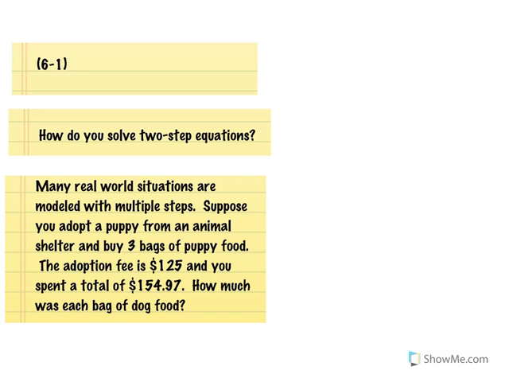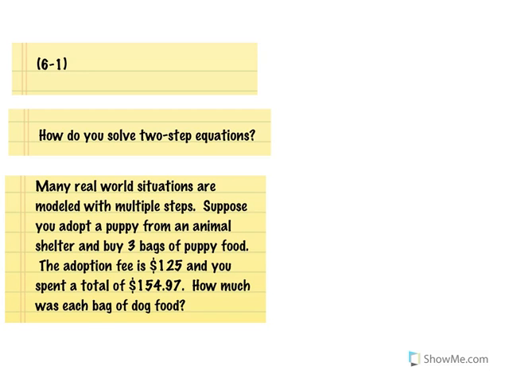You can remember the adoption fee was $125, and you know you spent a total of $154.97, but you can't remember how much each bag of dog food was. You can make that an equation, solve for that missing information, and that way you'll know for future reference.